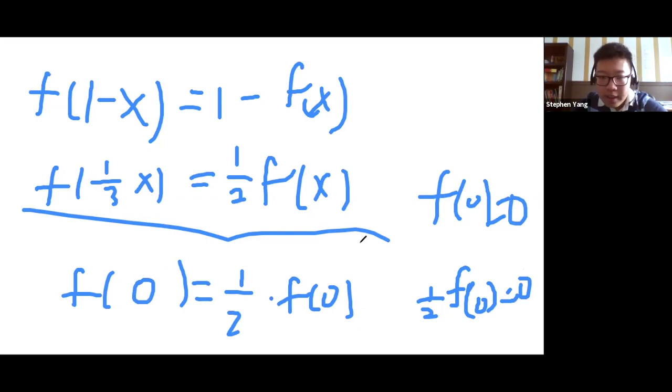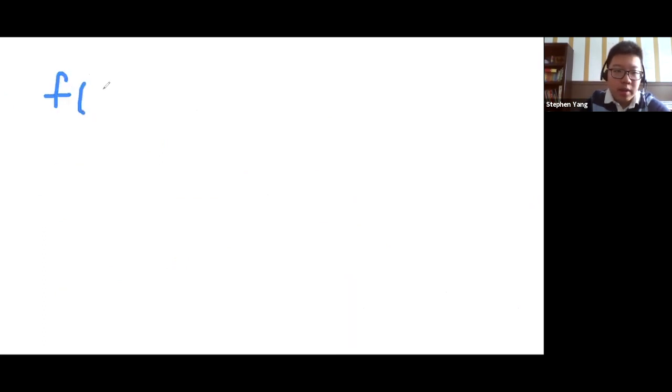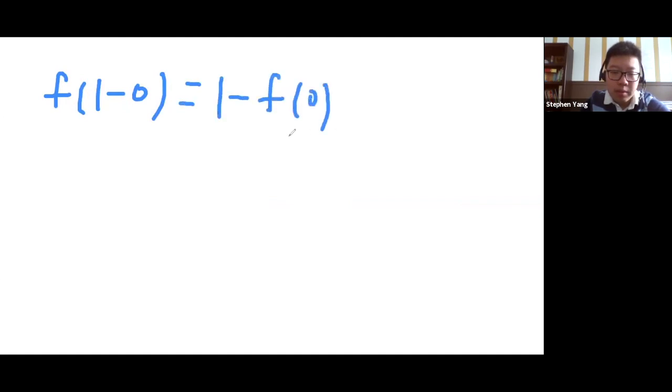Then we could find f1 using the first formula. So f of 1 minus 0 equals 1 minus f0, which means f1 equals 1.